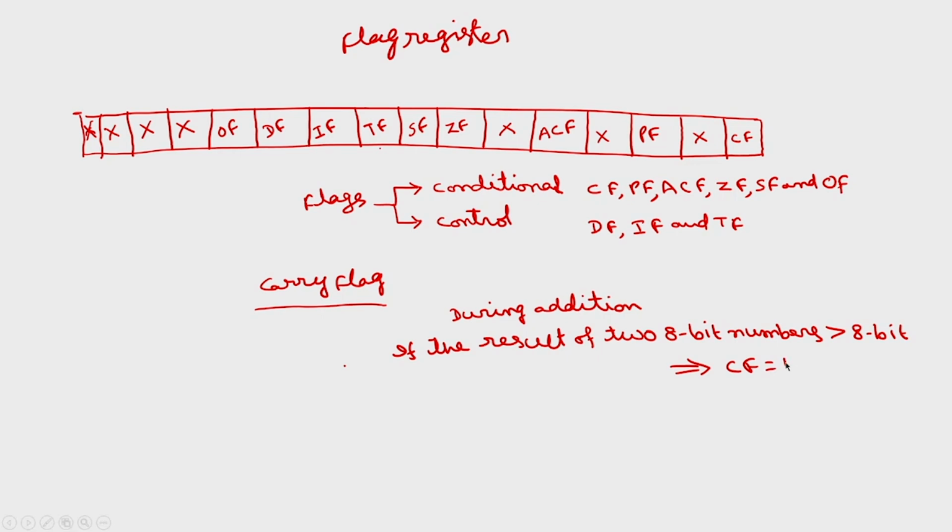If the sum of two 8-bit numbers during addition is less than or equal to 8 bits only, then the carry flag will be reset. This is set and this is reset.